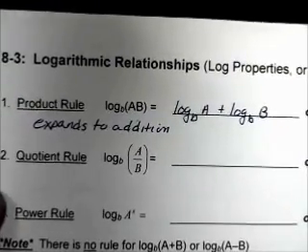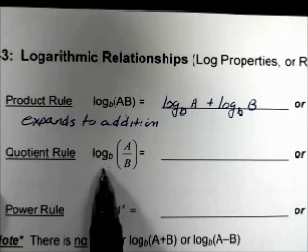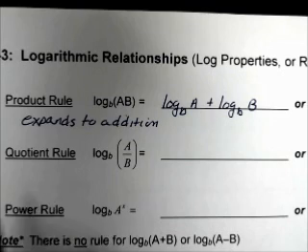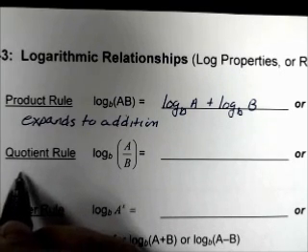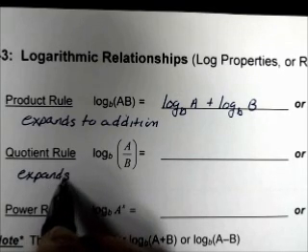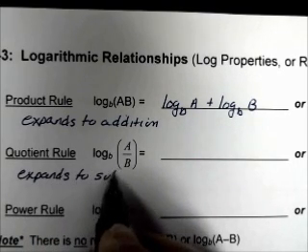The quotient rule: if you have log base b of a quotient a divided by b, division expands to subtraction.